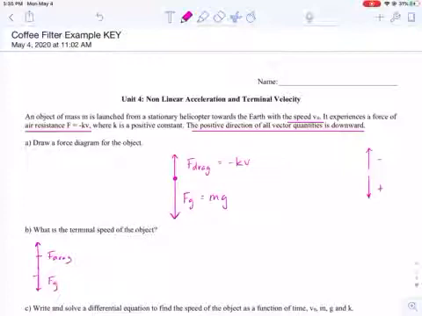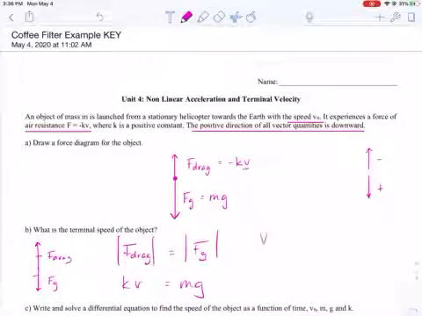Remember, the gravitational force is not changing, but the drag force will increase as the object speeds up. So we need the amount of the drag force to be equal to the amount of the gravitational force, or kV to equal mg, or terminal velocity would equal mg over k.